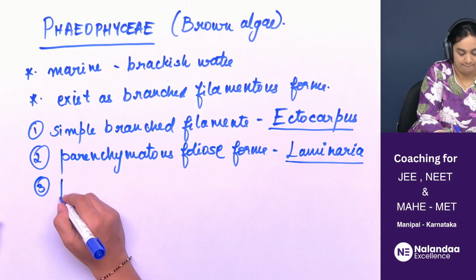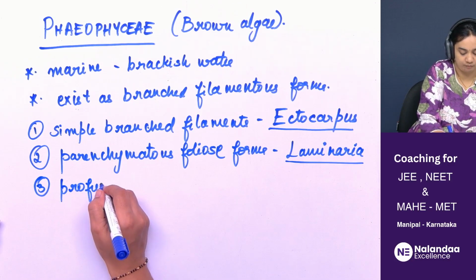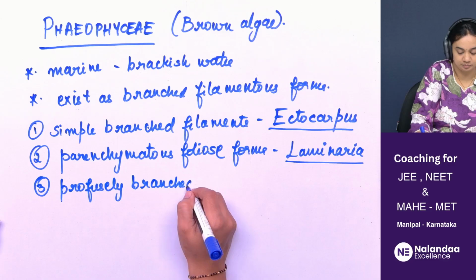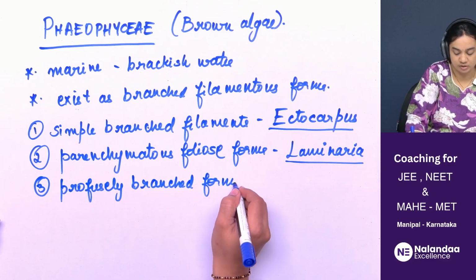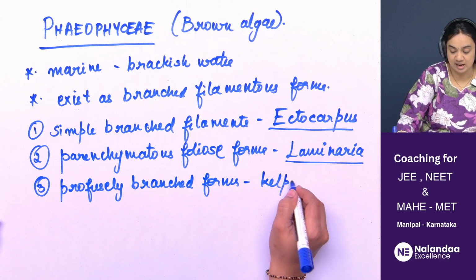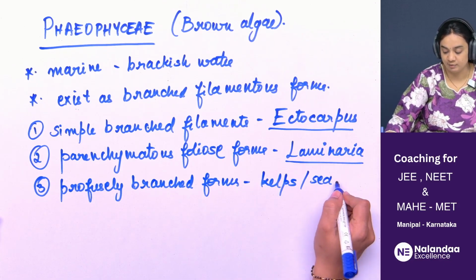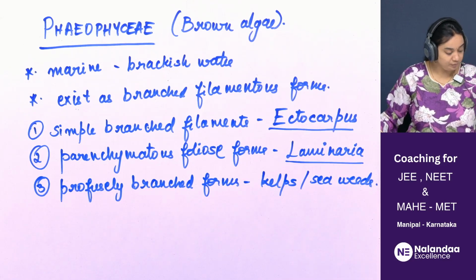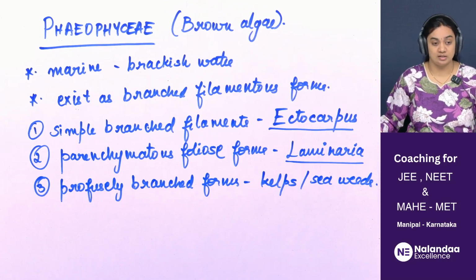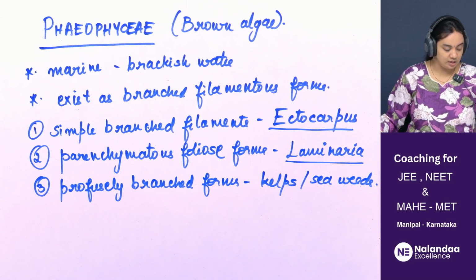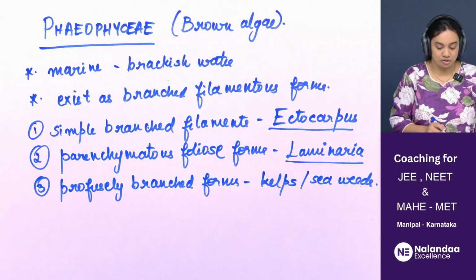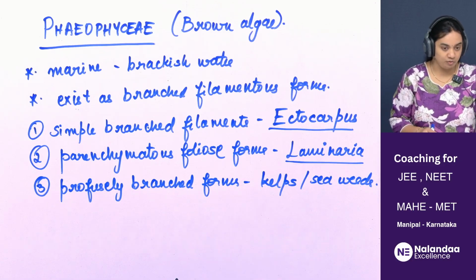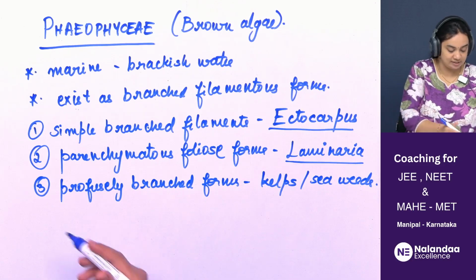Then number 3, profusely branched forms like kelps. Kelps is the common name for seaweeds, which means large algae that extend for several feet. So this is about the general thallus organization of algae. It could either be simple branched filaments like Ectocarpus, or parenchymatous foliose forms like Laminaria, or profusely branched forms like kelps or seaweeds.